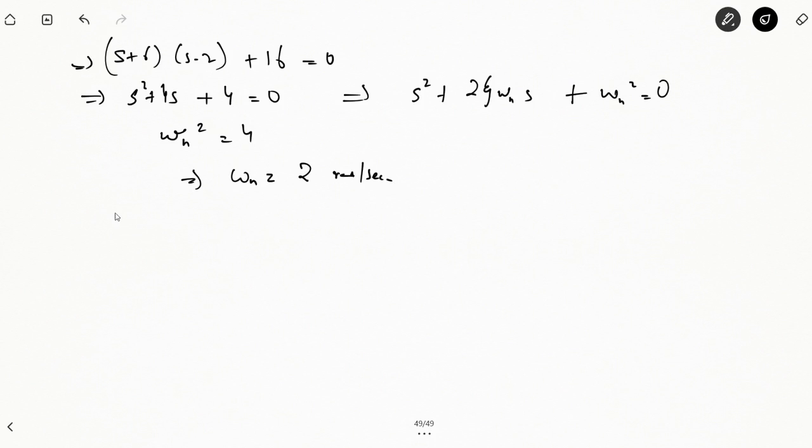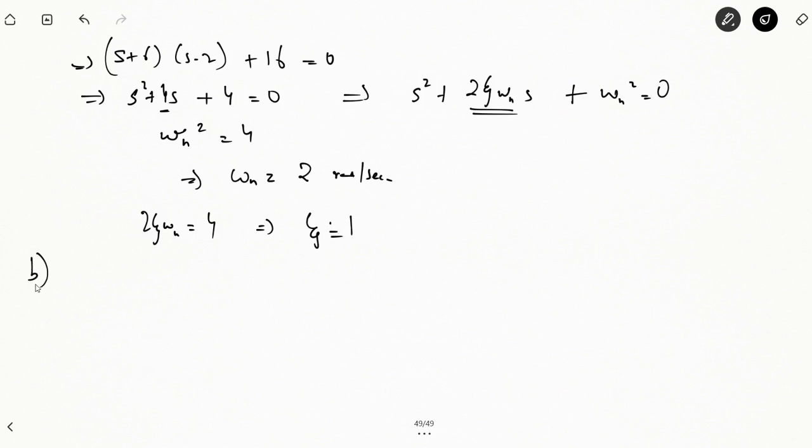Frequency cannot be negative. And 2 zeta omega n is also equal to 4, where omega n is 2. Substituting this, zeta will come out to be 1. Right? So your damping ratio of the original system is 1.